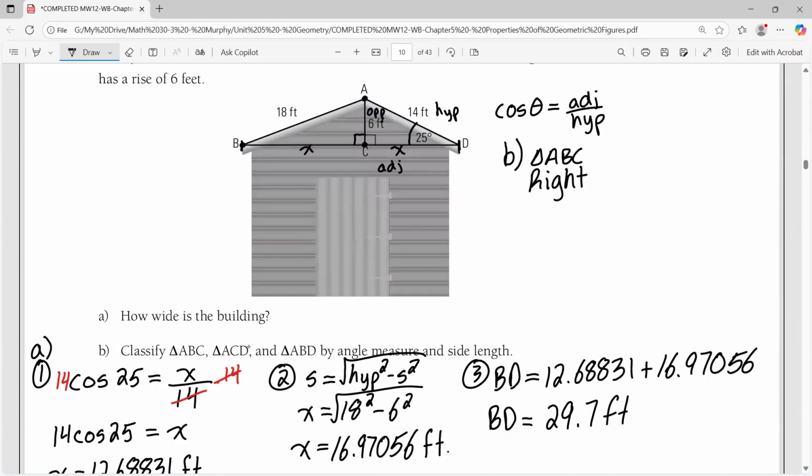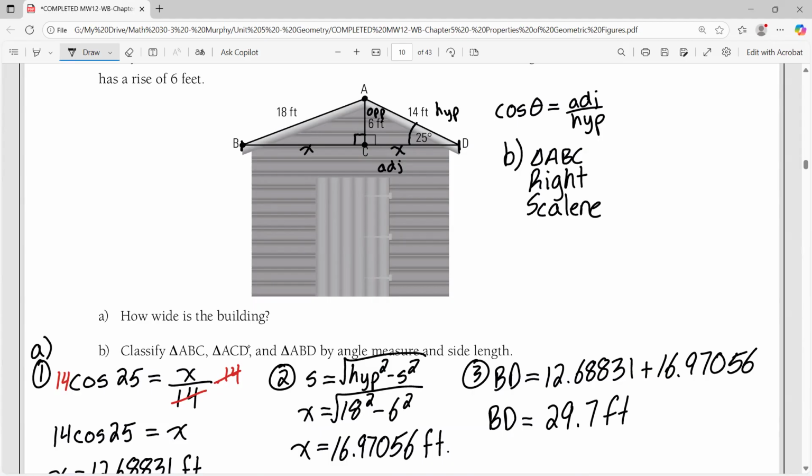And by side length, none of the sides are the same, right? 6, and then 16.97 and 18. That makes it scalene. So if they're all different lengths, scalene.